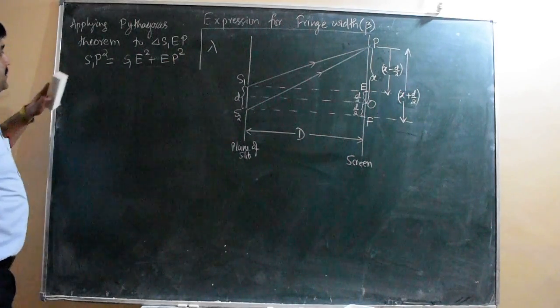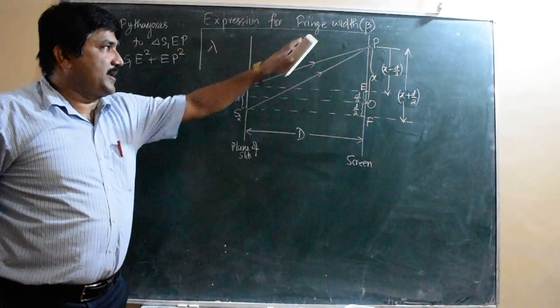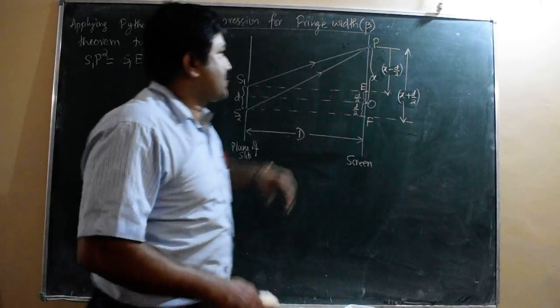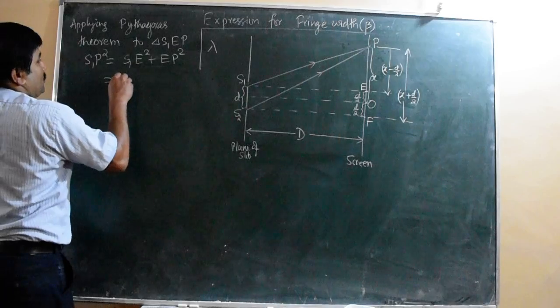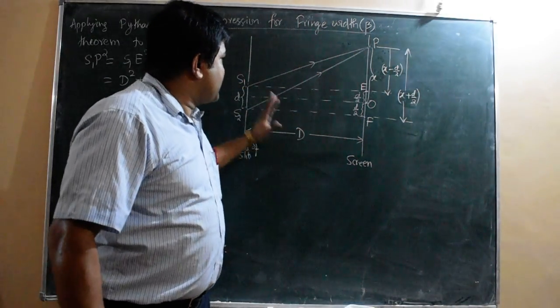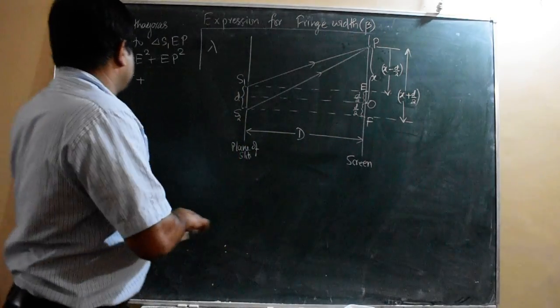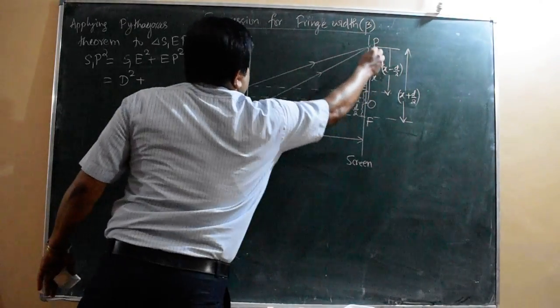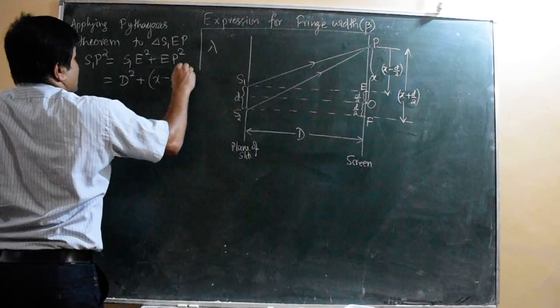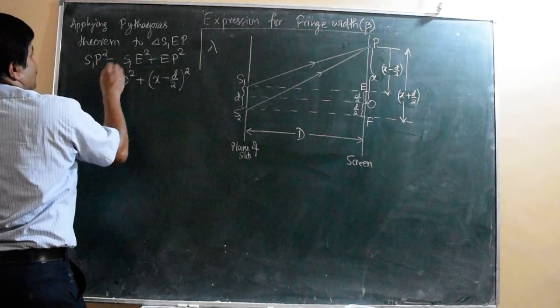Substituting the values, S1P square equals d square, since S1E is d, the distance of the screen from the slits, plus EP square, where EP is x minus d by 2, that square. So that is S1P square.